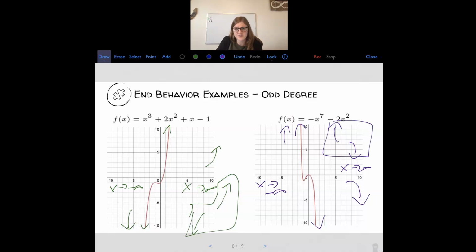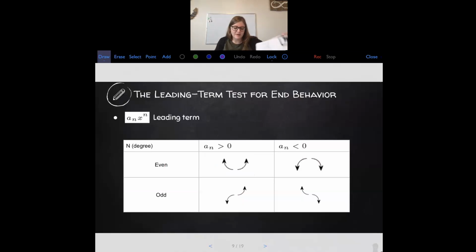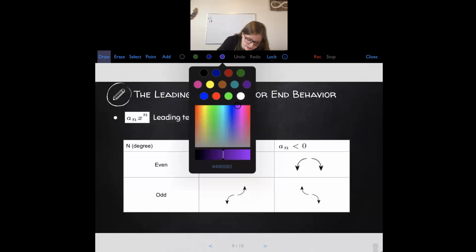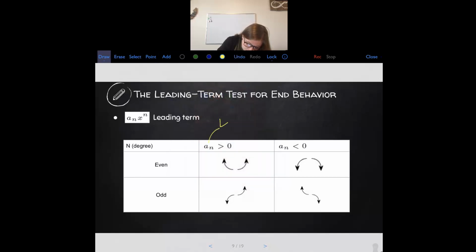Okay, so we're going to put all of these examples into a table. Remember, this is our leading term test. It's our term that has the biggest exponent. If our degree is even and our leading coefficient is positive, our end behavior is going to look like it did in our example with an even degree when the leading term was positive.